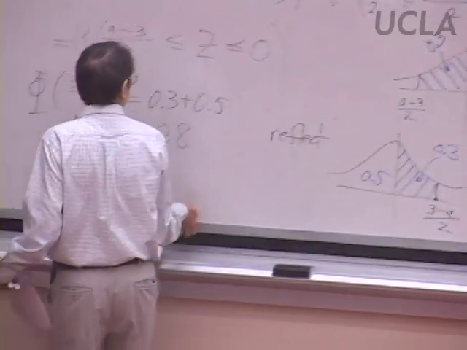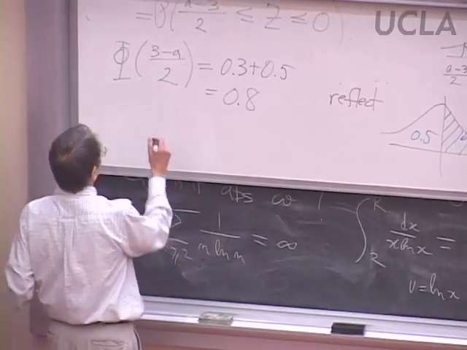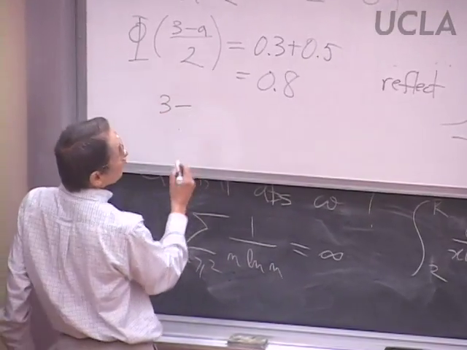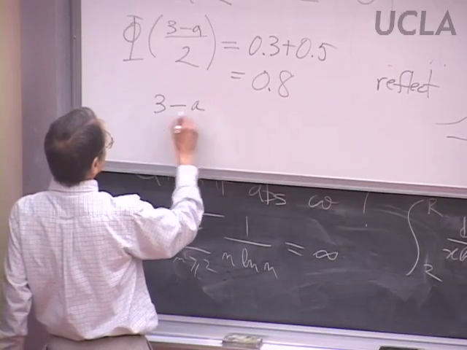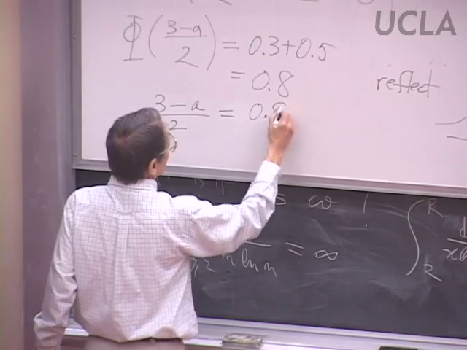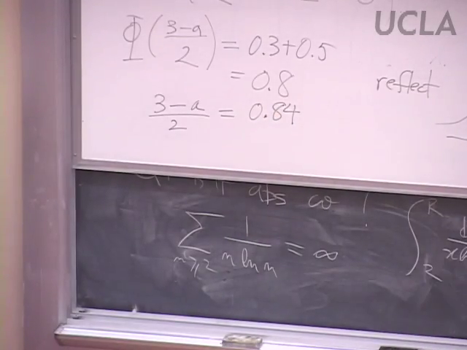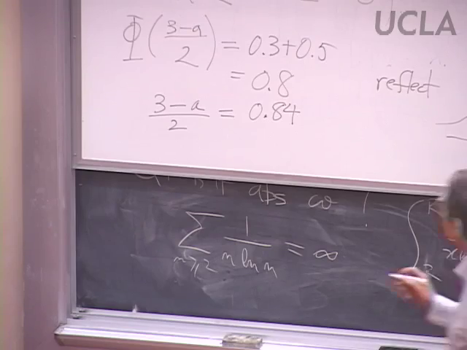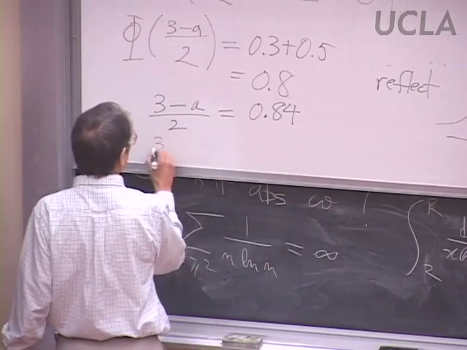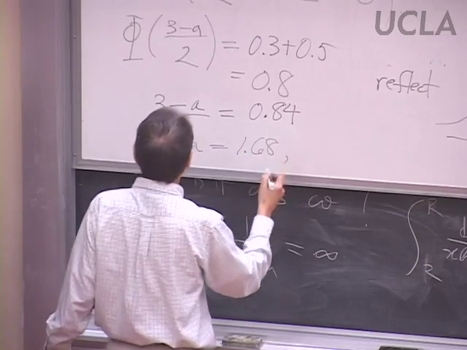Well, we're not done with the problem yet. But this number we're looking for, (3 minus A) over 2, turns out to be 0.84, approximately. An equation we can then solve for A and we'll be done. So 3 minus A is twice that, 1.68.